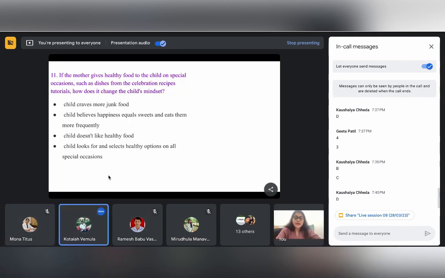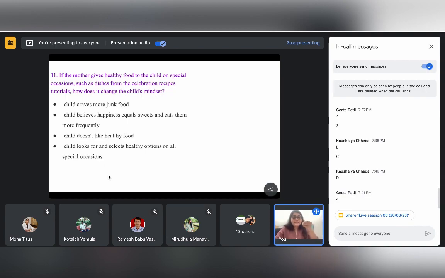Whenever we are treating the child with different kinds of food taste, if we give them sugar, the child will get more acclimatized to that sweet taste. And if we train that child to eat healthy food, this is all about the training period, how we are training the child to eat what kind of food. As we discussed, that is the formative period of the child's cognitive abilities and decision making abilities.